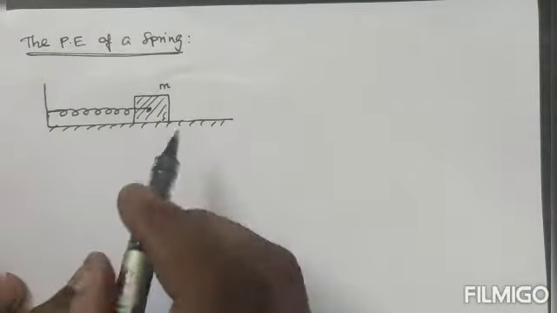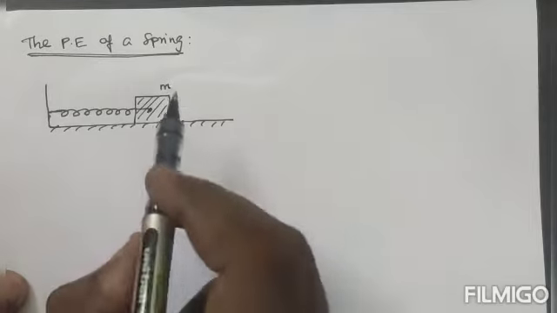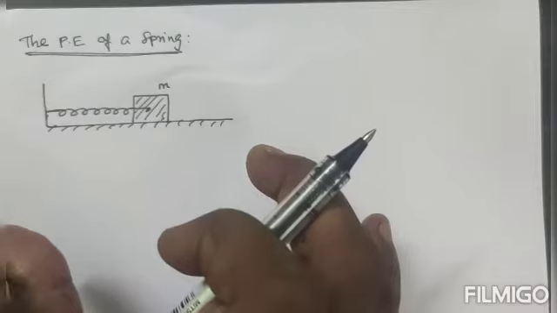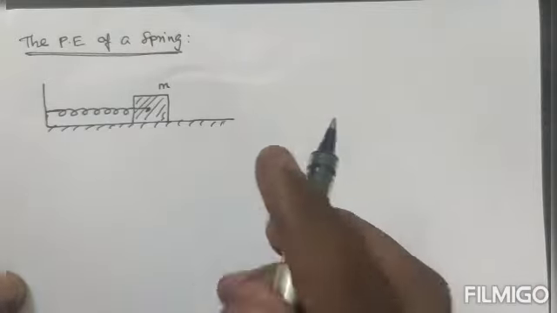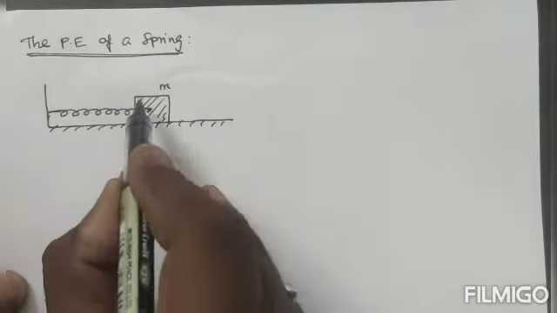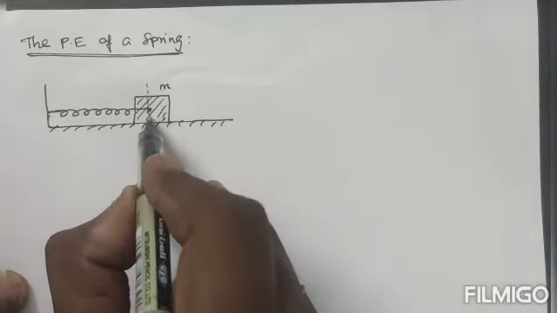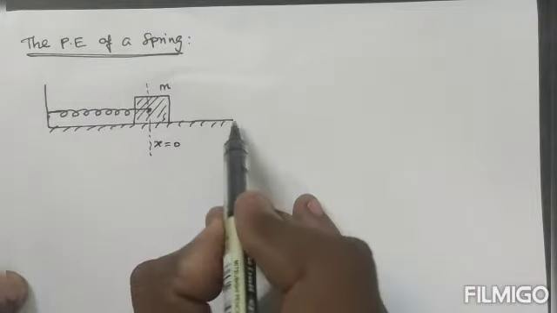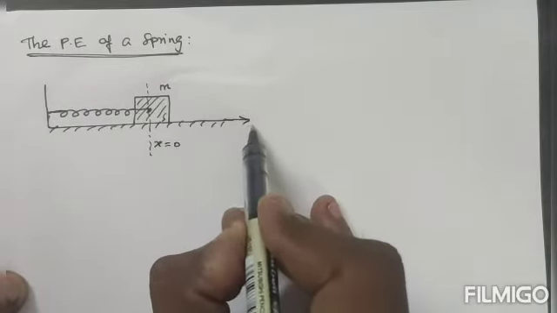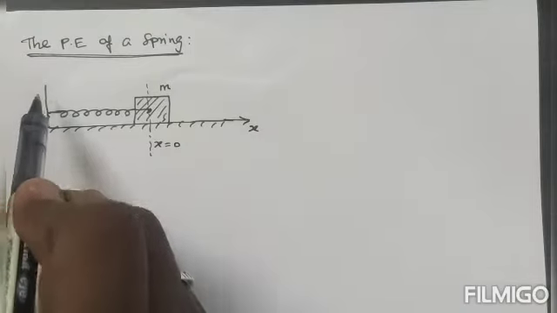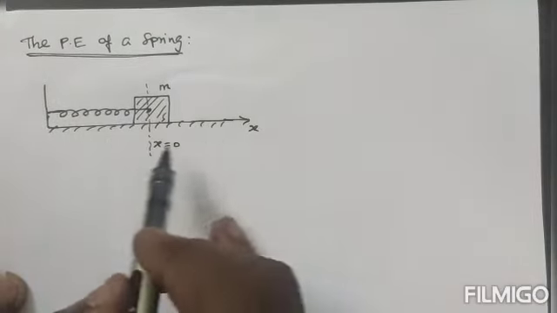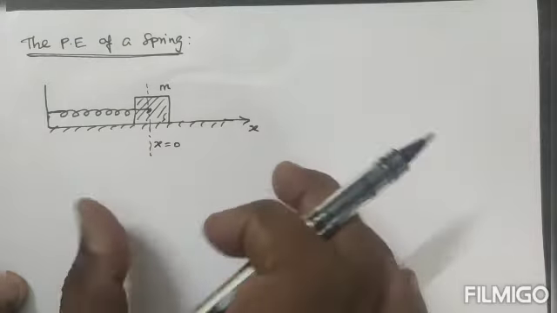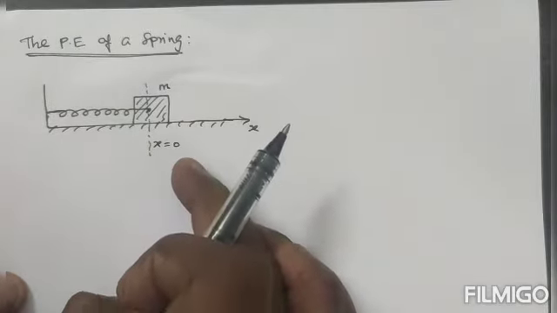So now let's imagine this position is considered as the equilibrium. We can take this as x equals 0, because this is along the x-axis, as well as the frictionless surface. So this is the equilibrium position.